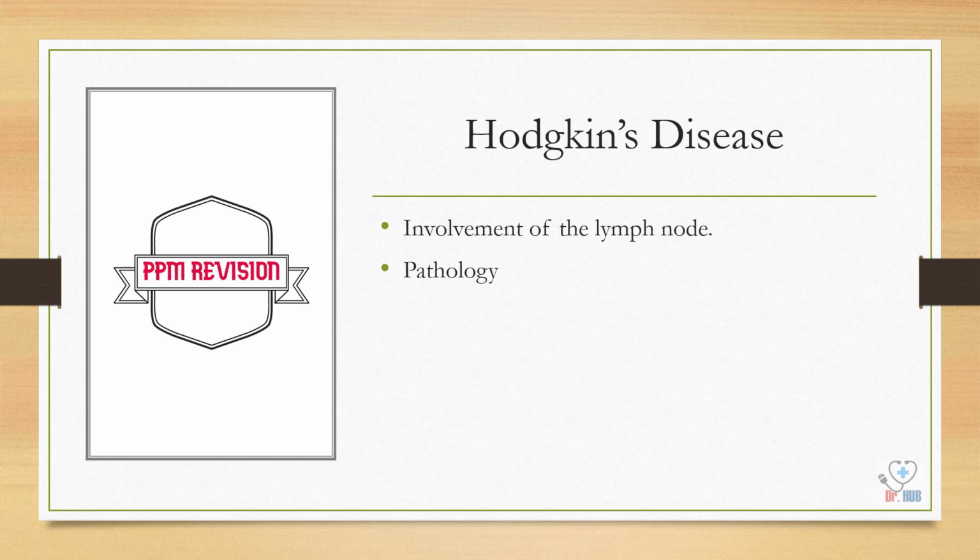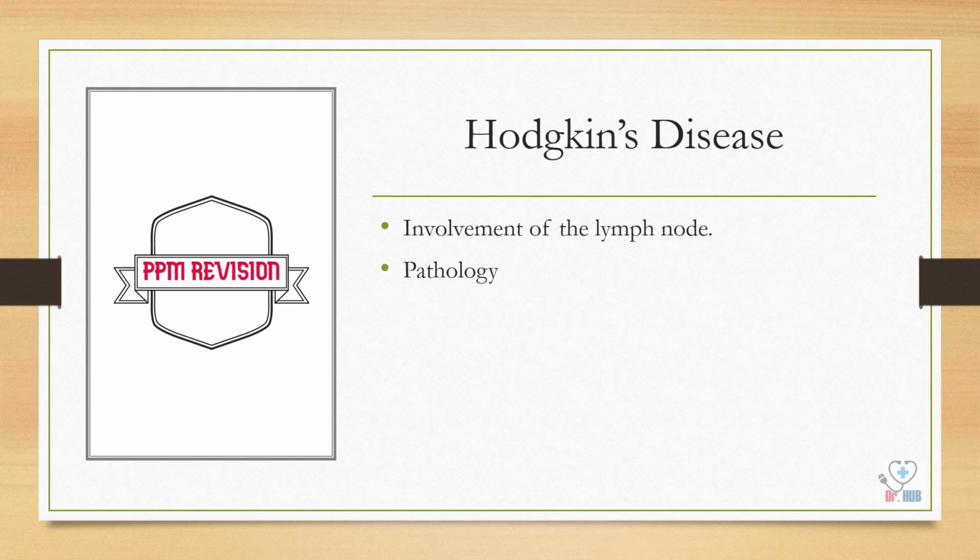Moving on to the prognosis, the lymphocyte depletion type is the most aggressive form of the disease, and the nodular sclerosis type has a very good prognosis, but in the presence of large mediastinal masses, it can respond poorly to chemotherapy and radiotherapy, which needs to be known.